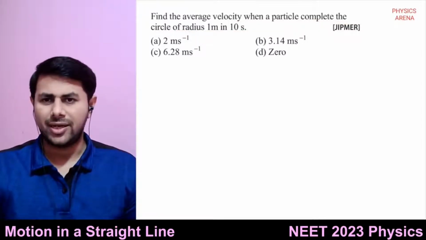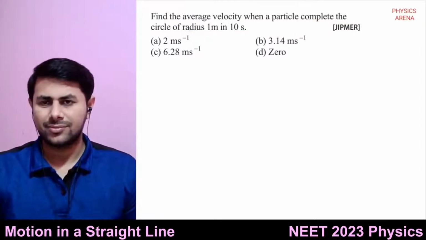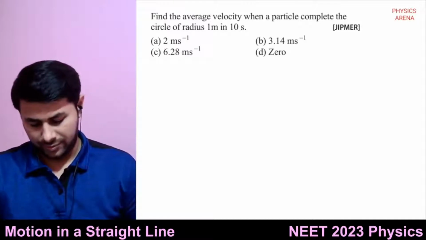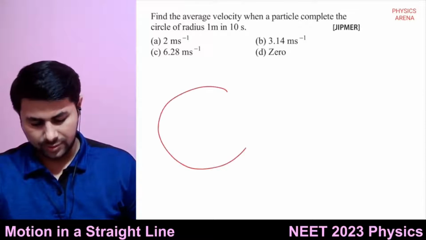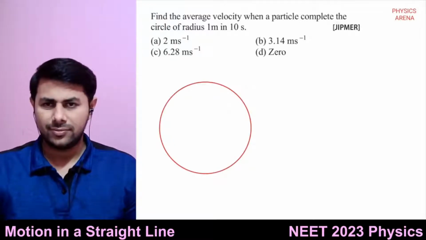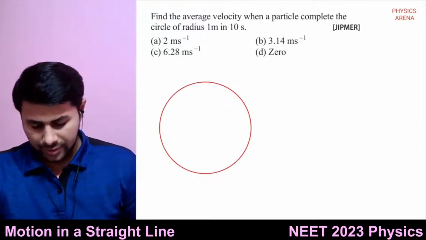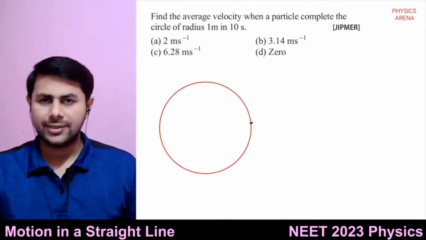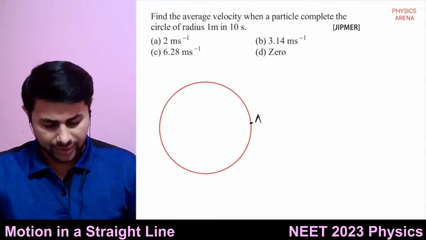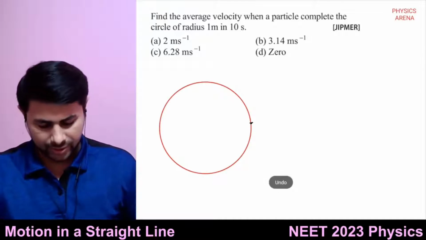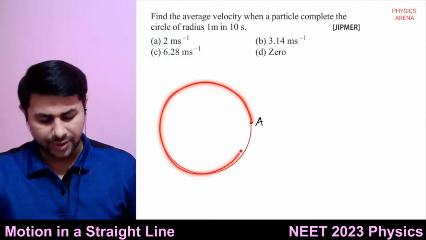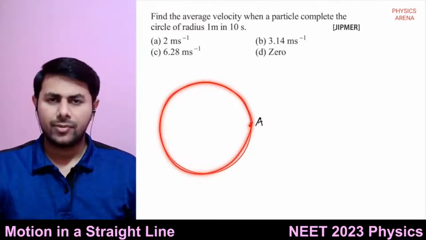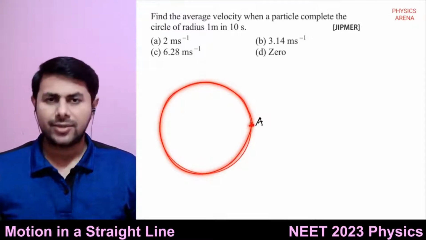So can you tell me the answer? It would be 0, right? Because our particle starts from this point, let's call it A, and it completes a circle. We are asked about the velocity.